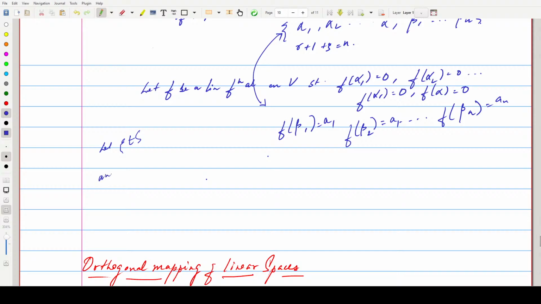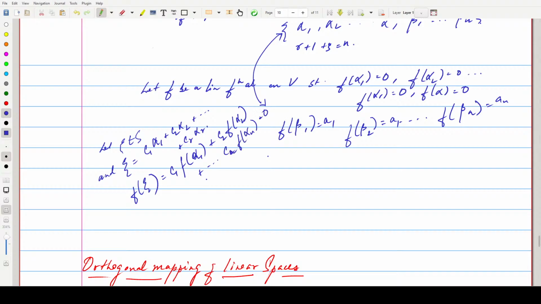belong to this S, and we already know that this xi is given by c1 alpha 1 plus c2 alpha 2 and so on plus cr alpha r. Then f of xi, which is our functional, is essentially c1 f of alpha 1 plus c2 f of alpha 2, and all of this up to cn f of alpha n will go to 0.